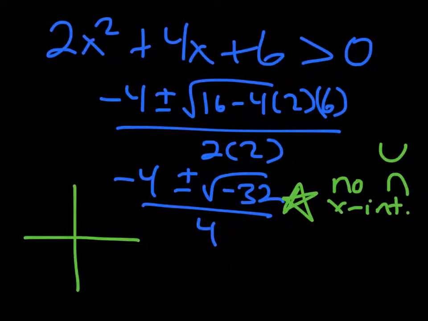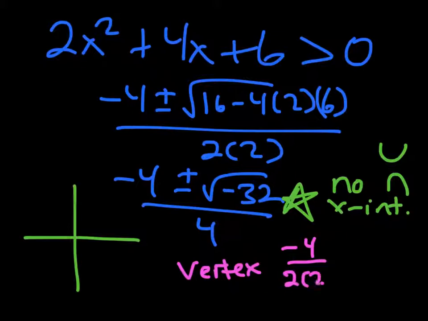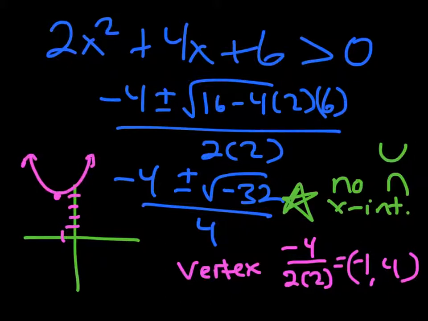But what I would recommend is that this is a situation where we find the vertex. My vertex is going to be negative 4 over 2 times 2, so that's negative 1. When I plug in negative 1, I get 2, minus 4, plus 6, so I get positive 4. So my vertex is at negative 1, 4, and I know this parabola is going like this, and therefore has no x-intercepts.